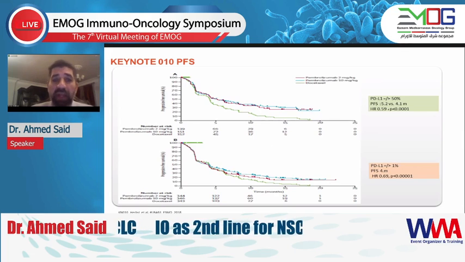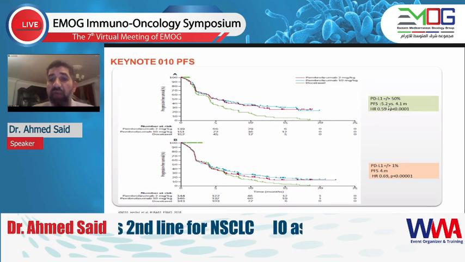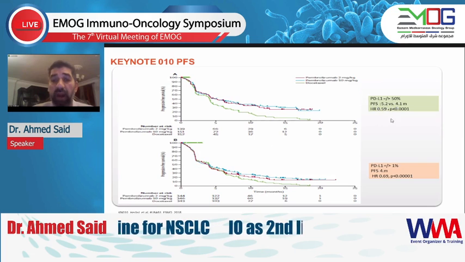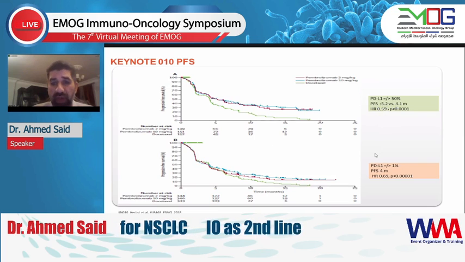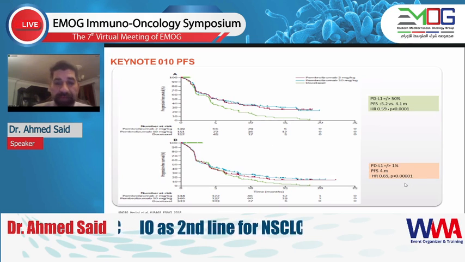And as regards progression-free survival, for those having PD-L1 more than or equal to 50%, it was 5.2 months for pembro versus 4.1 for the docetaxel arm, while for the intent-to-treat population, or more than 1%, as you see, the progression-free survival was almost the same in both.